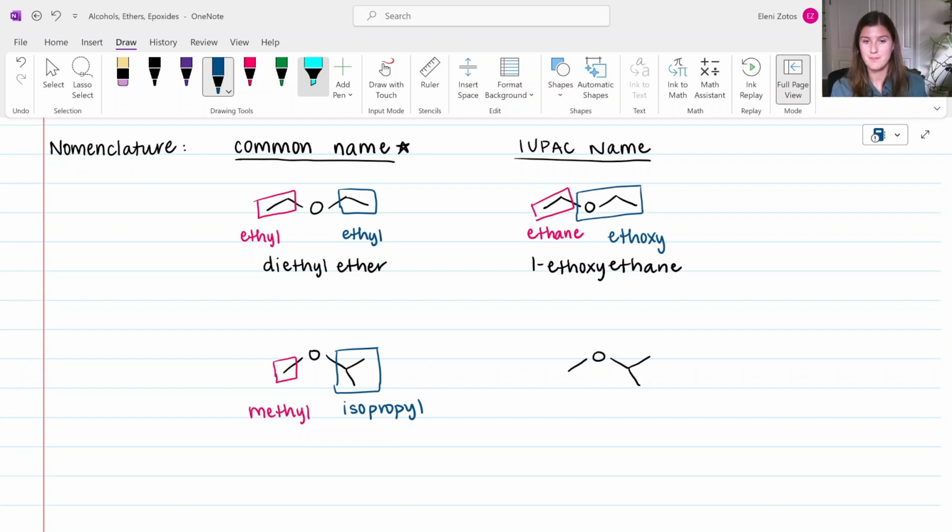We essentially name both of those and then add the word ether. To arrange methyl and isopropyl, we put the name that comes first alphabetically in the front. So I in isopropyl comes before M in methyl. So this is isopropyl methyl ether.